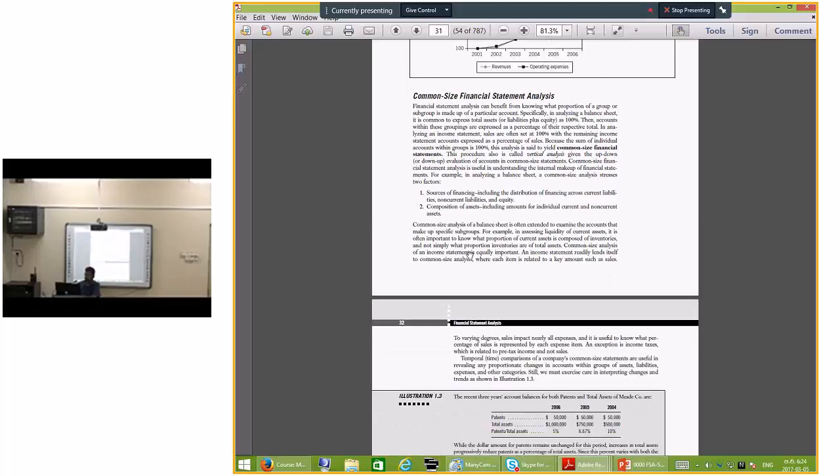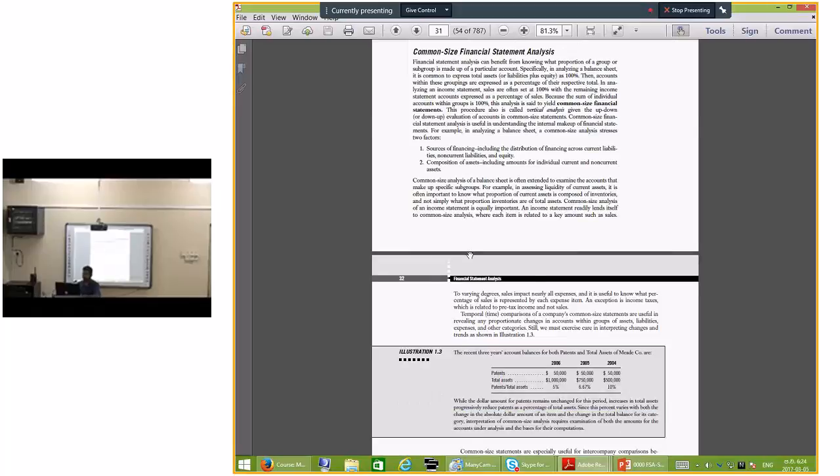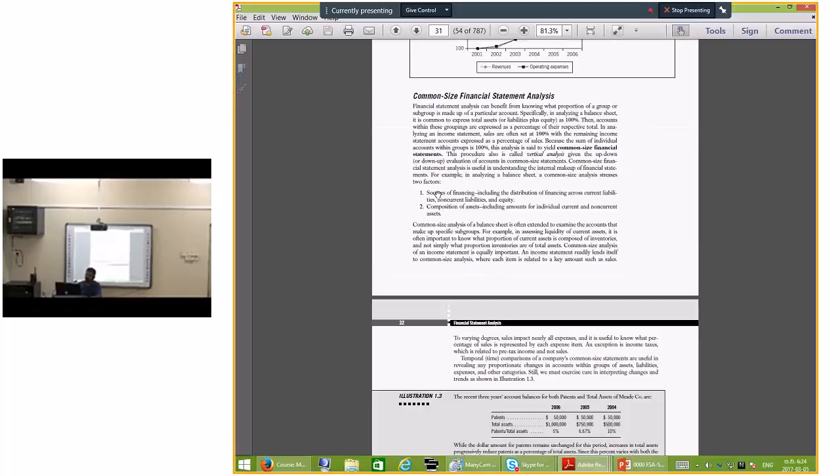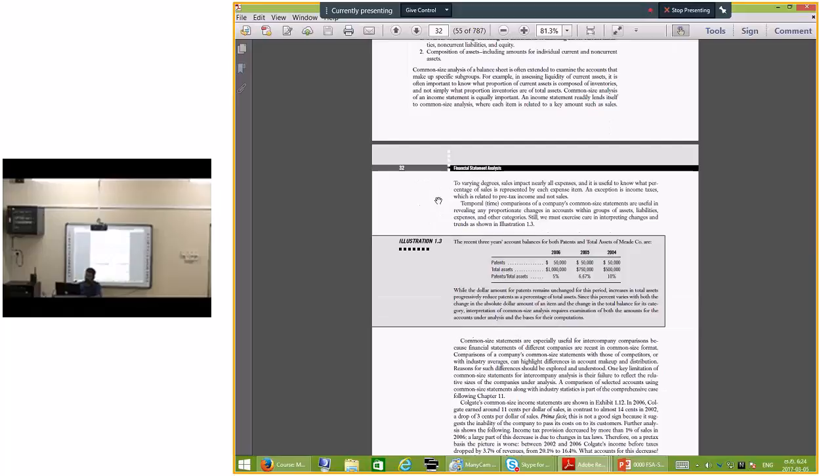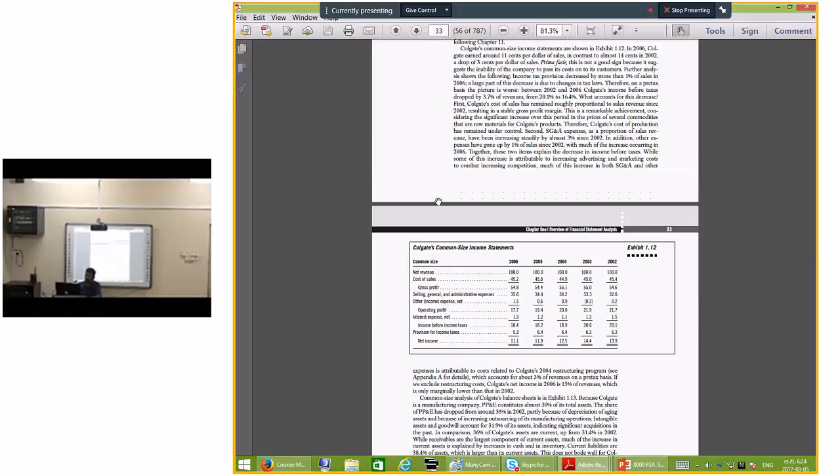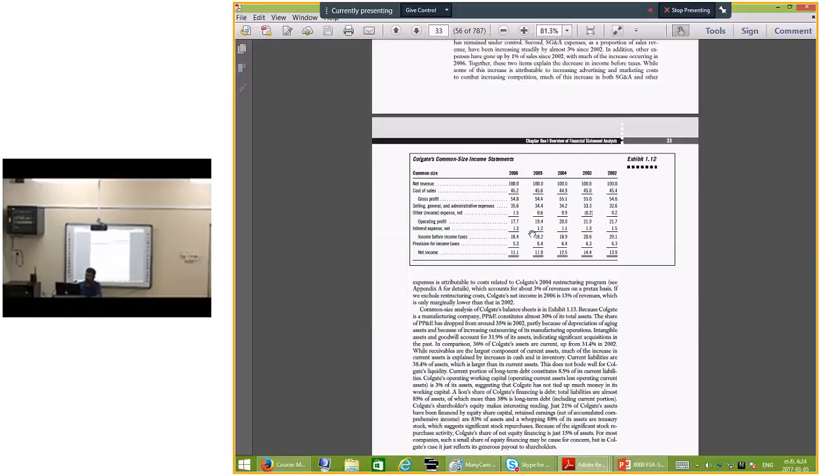Common size financial statement, and how to calculate common size. Finally, net sales or revenue is 100. Then out of 100, what is the ratio for cost of sales, gross profit, selling expenses, operating profit, and net profit, net income. Likewise, you can calculate and compare between years.